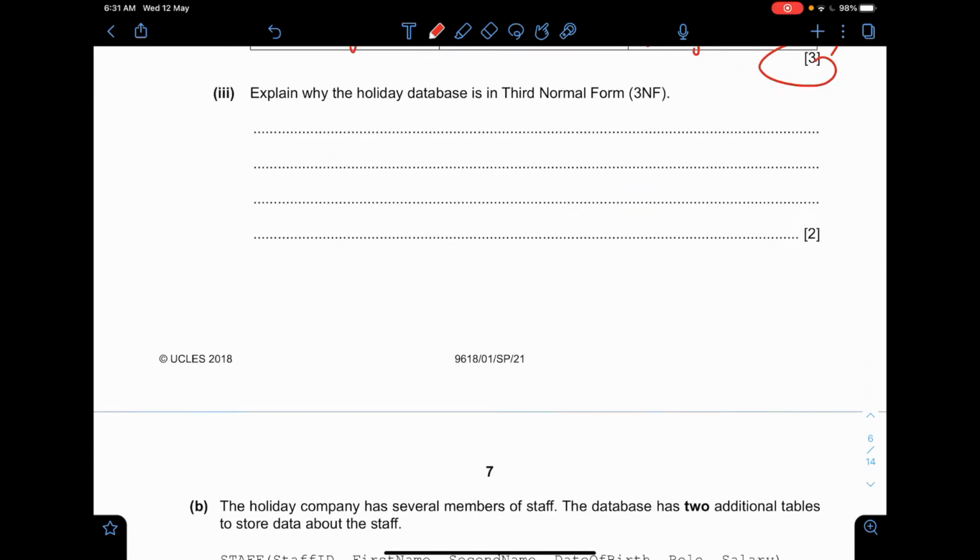So now we need to explain why the holidays database is in third normal form. So it's already normalized, it's in third normal form. So why is that so? First of all, there are no repeated attributes. There are no partial key dependencies.